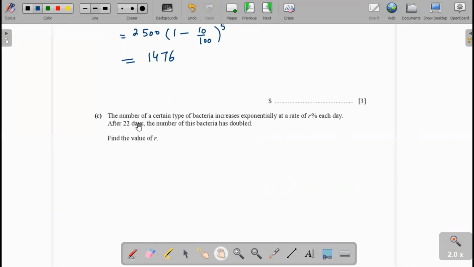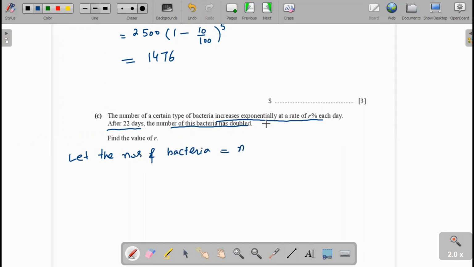Now part C: the number of a certain type of bacteria increases exponentially at the rate of R% each day. After 22 days, the number of bacteria is doubled. Now we suppose the number of bacteria is n, and it will double when bacteria increase exponentially. Now n into 1 plus the increase value R%, that is R over 100, increased exponentially each day for 22 days.